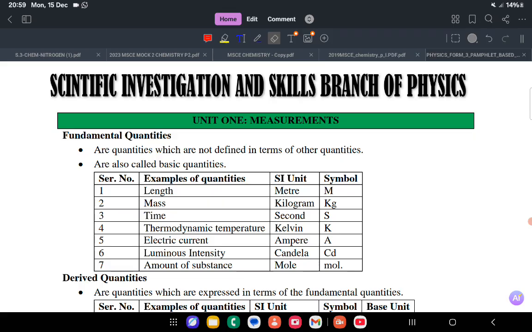We have two types of physical quantities in physics, so we shall discuss them. We have what are called fundamental quantities, also known as basic quantities.